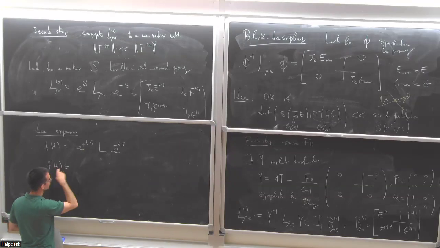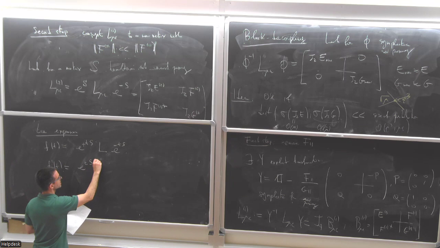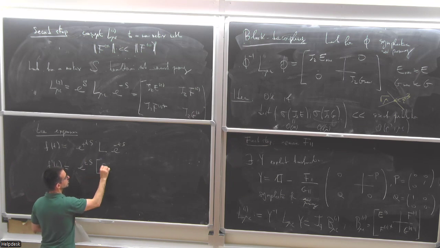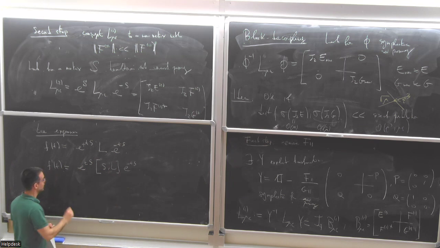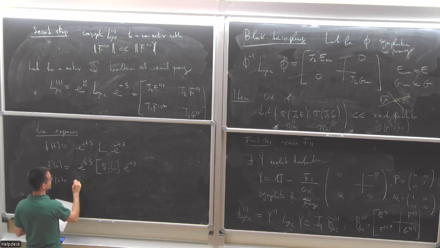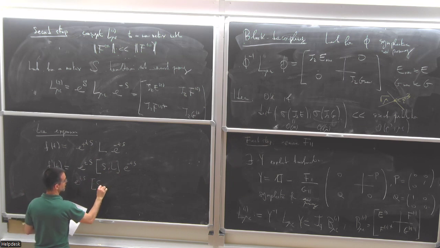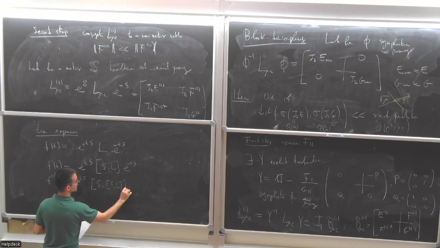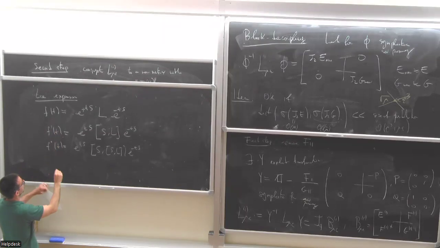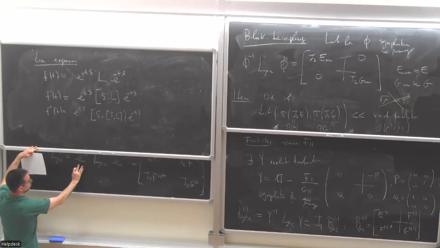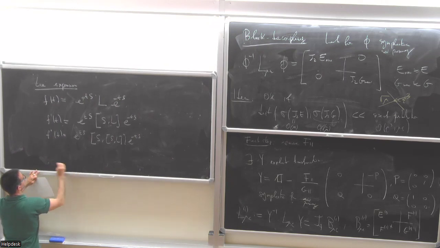When you take the derivative, this is e to the tS times the commutator between S and L, times e to the minus tS. And when you take the second derivative, you get a second commutator, e to the tS, commutator of S with the commutator of S and L, e to the minus tS. So what is the object that you want to compute? Well, this is f of 1.